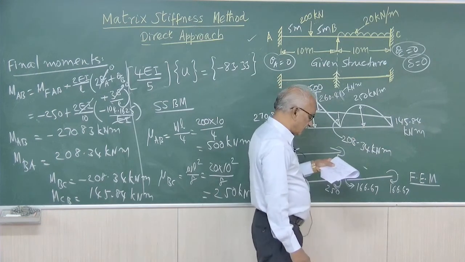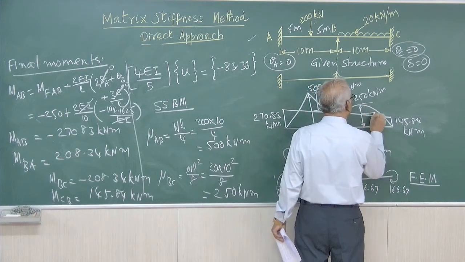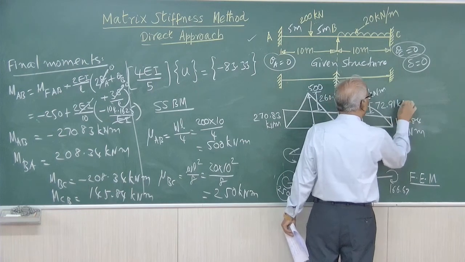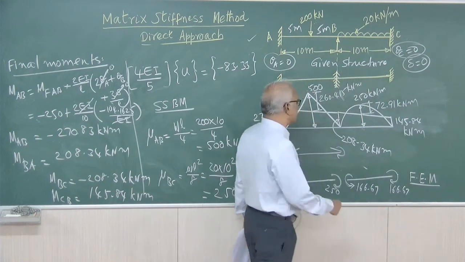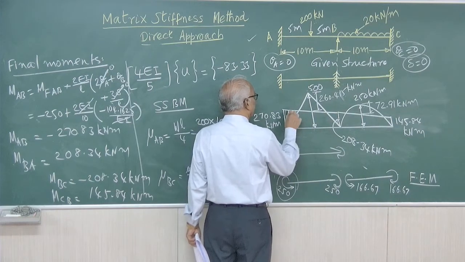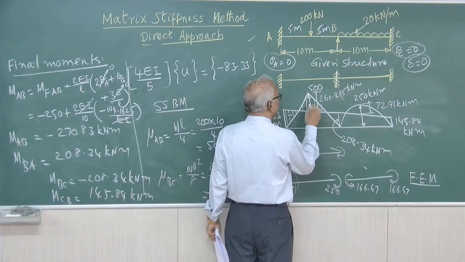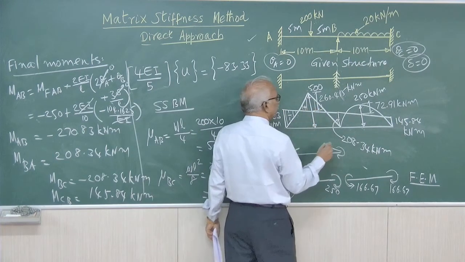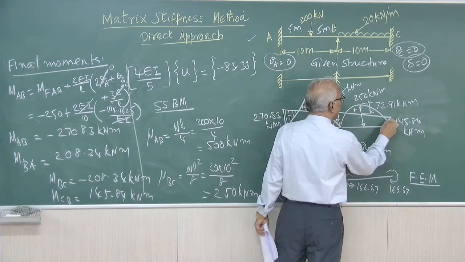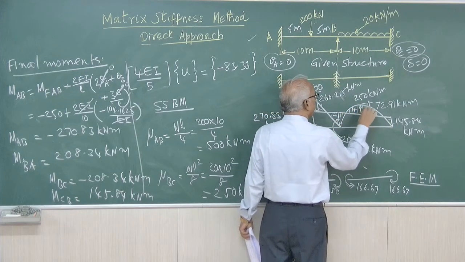So 250 minus that average will be equal to 72.91 kilonewton meter. Because these things are elementary now, let us avoid wasting time on these calculations. Of course, I got every calculation, but for saving time, I am just avoiding these elementary calculations. So, this is the net bending moment diagram.